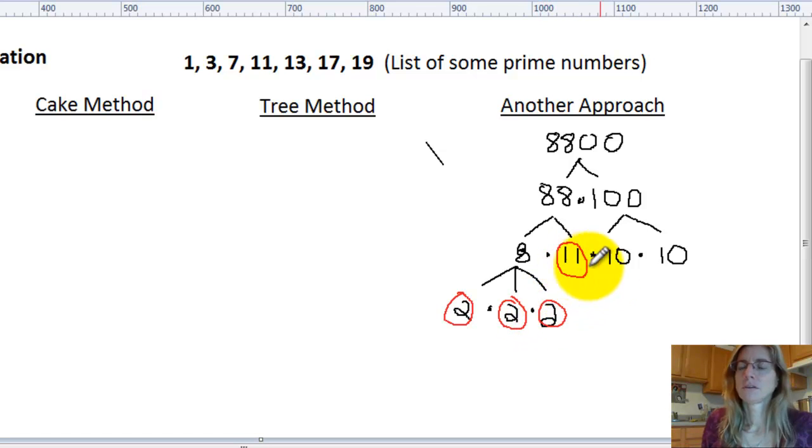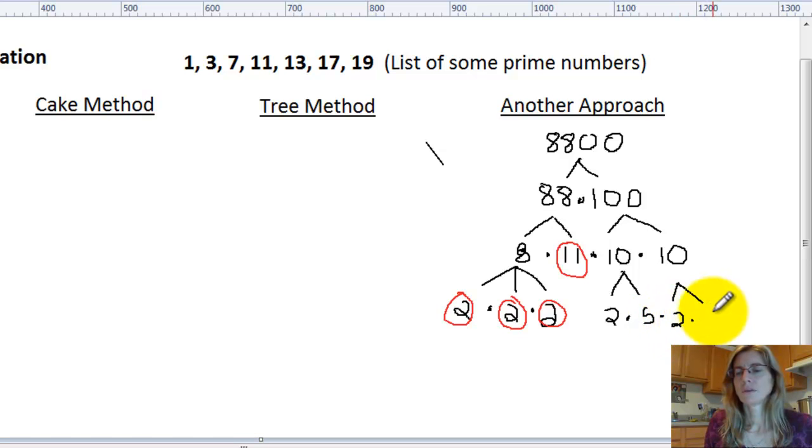Now we can break down our 10, both of them: 2 times 5, and 2 times 5. And all of these are multiplied continuously. Basically, I would just pull the 11 down in here and multiply on either side of that.